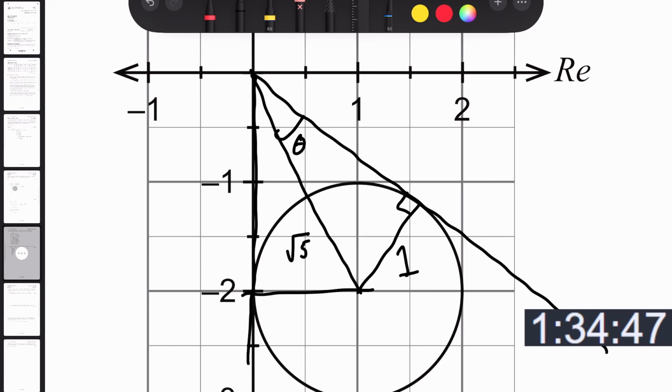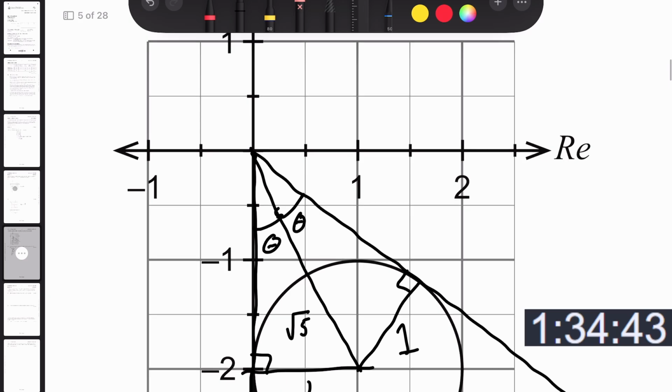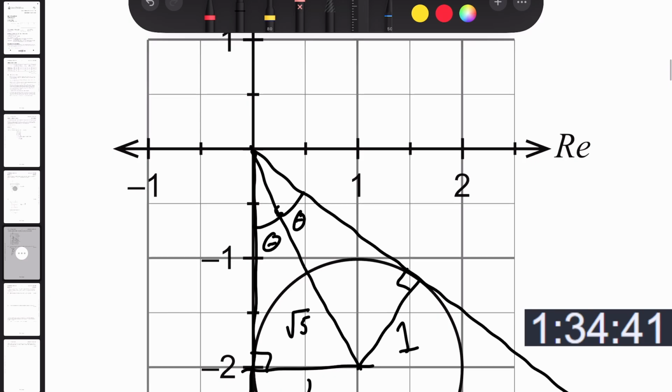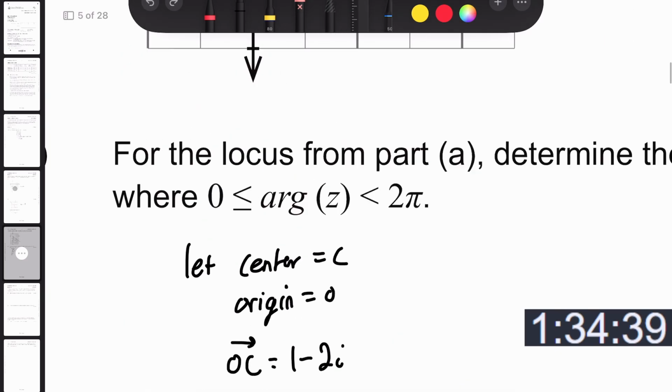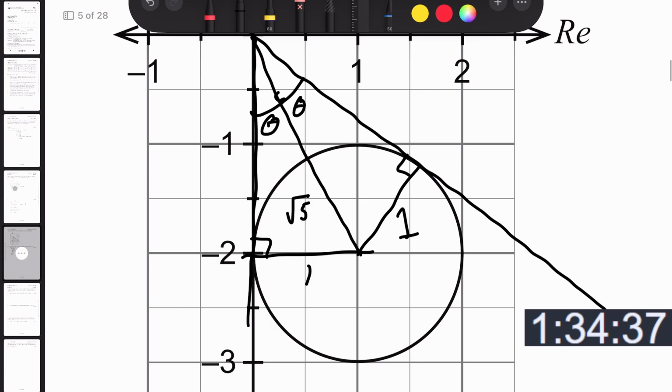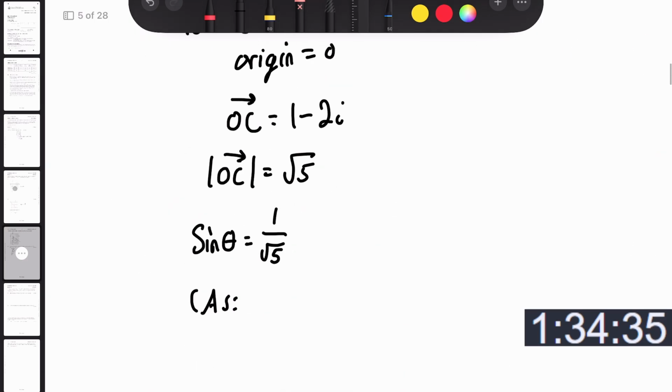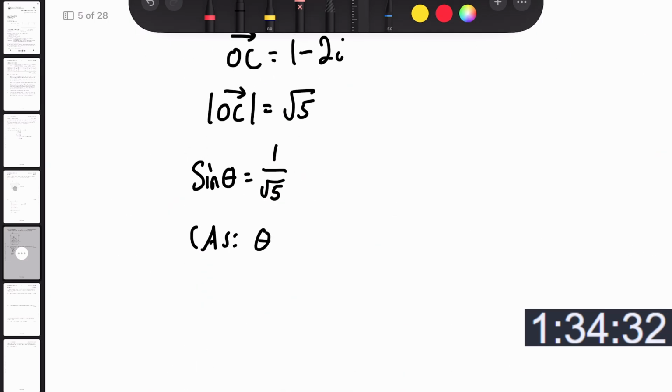Because that will also be 1. So this angle is also theta. So sine theta equals 1 divided by square root of 5.